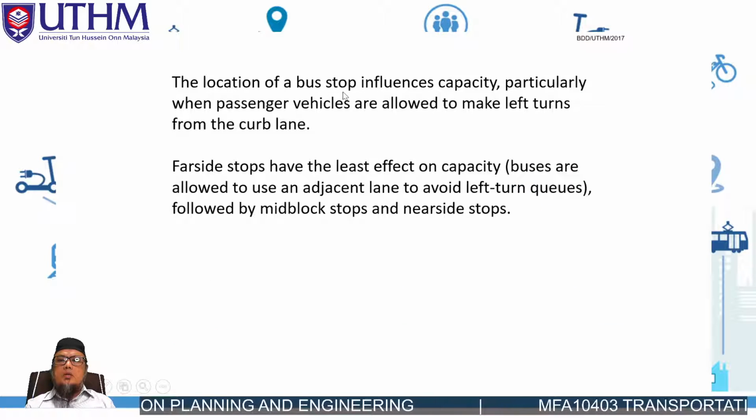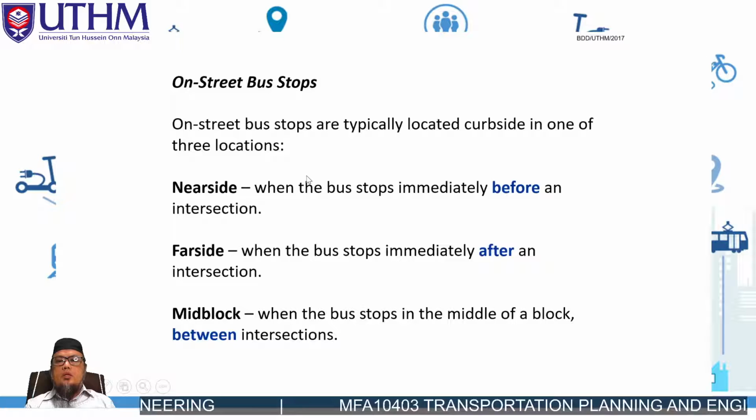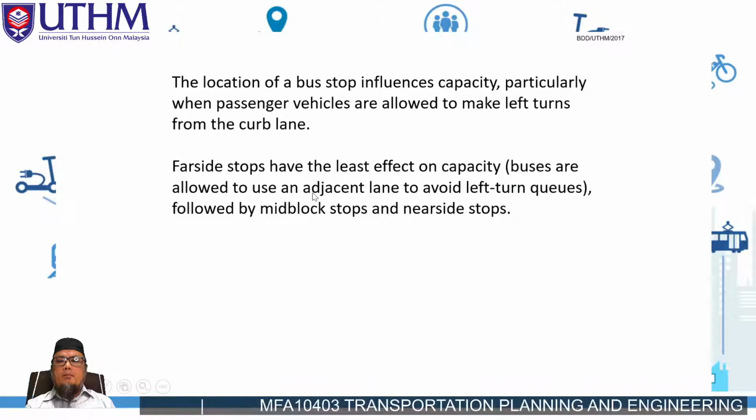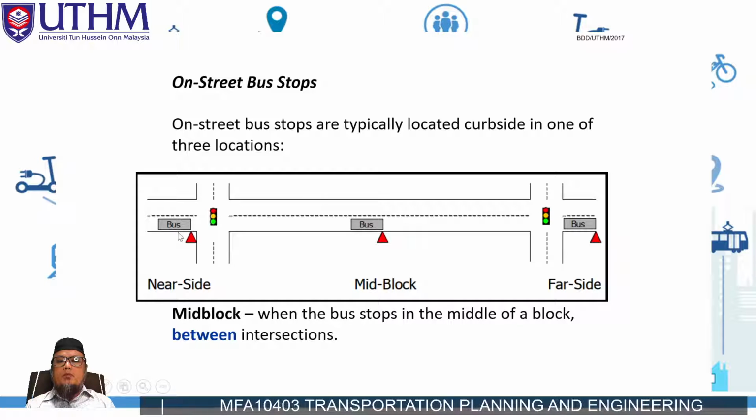Okay, the location of the bus stop influences capacity, particularly when passenger vehicles are allowed to make a left turn from the curb lane. If you look at this scenario, of course, when a vehicle makes a left turn, the near side type is more affected compared to this type or this type.